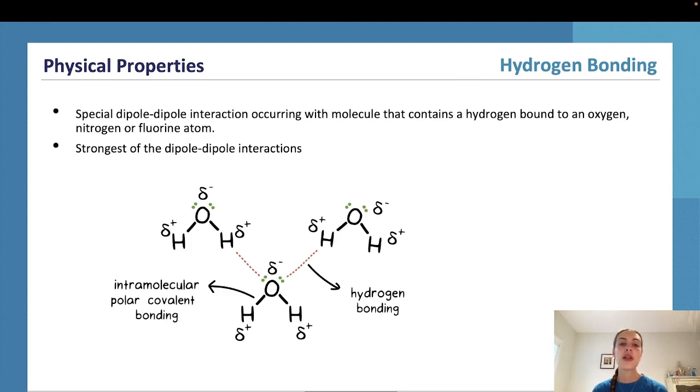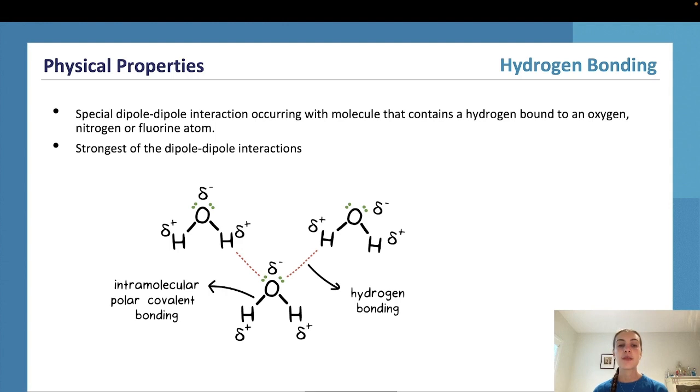Now, our strongest of the dipole-dipole interactions is what we know as hydrogen bonding. Hydrogen bonding is a special type of dipole-dipole interaction, which occurs with molecules which contain a hydrogen bound to either an oxygen, nitrogen, or fluorine atom. We commonly see this in water molecules because there's intramolecular polar covalent bonding.